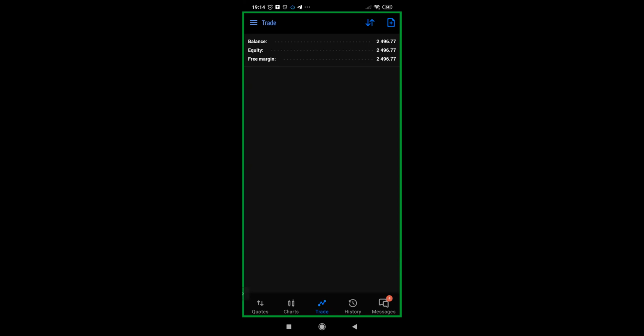Please, I want to ask a question about leverage. On 10 trade, I see that the leverage is 1 to 500.